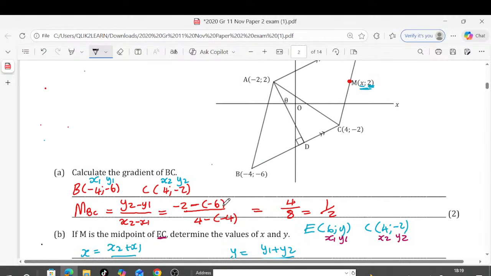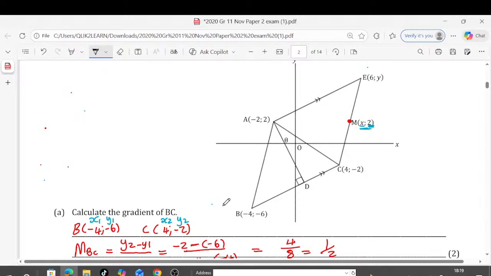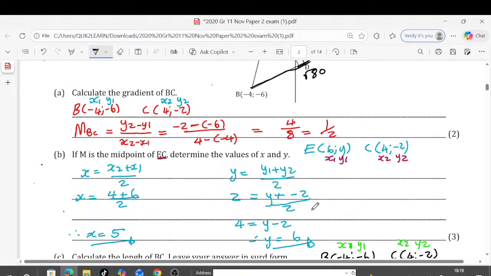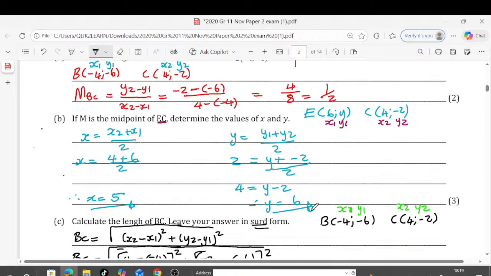The length from A to C, they say that it's equal to the root of 80. And remember, we just calculated BC. BC is also the root of 80.